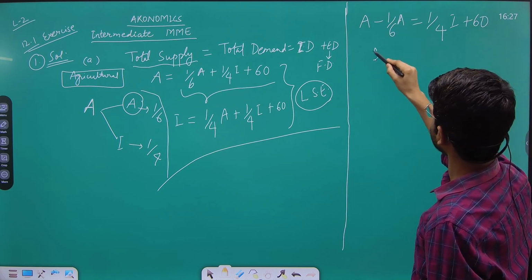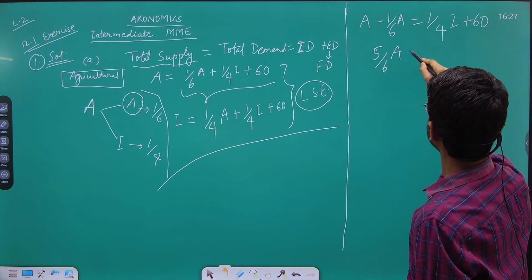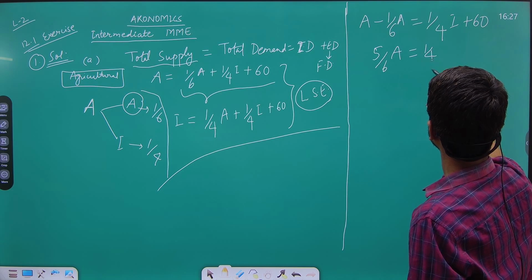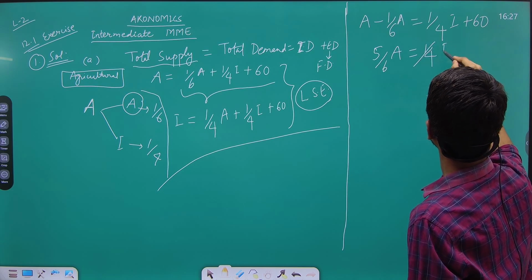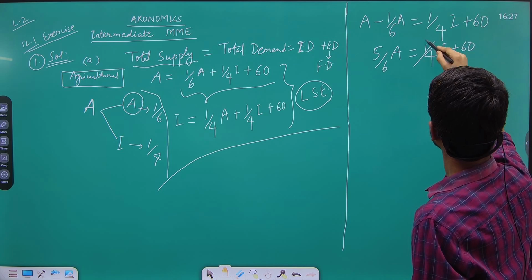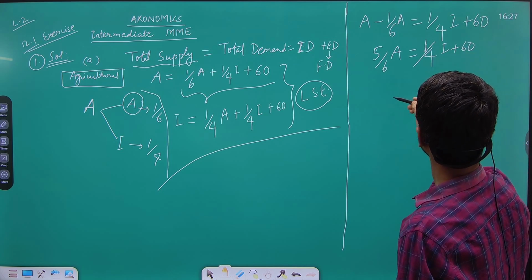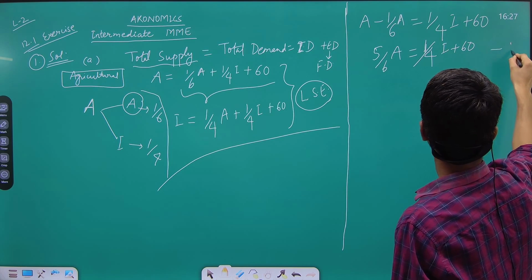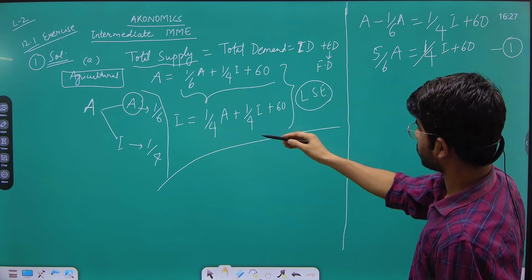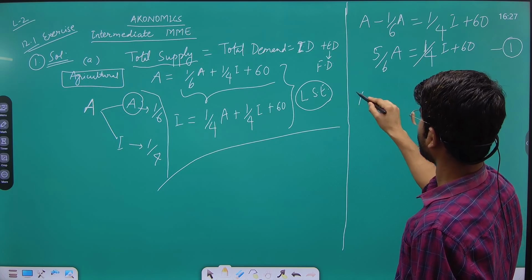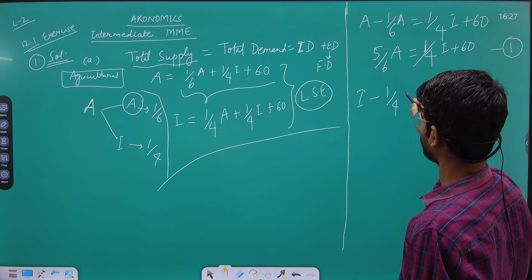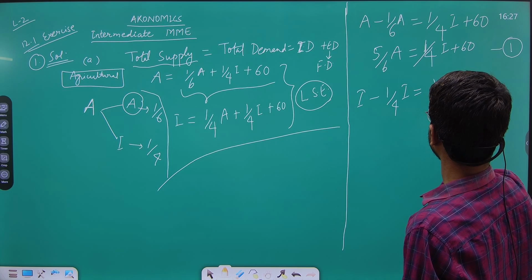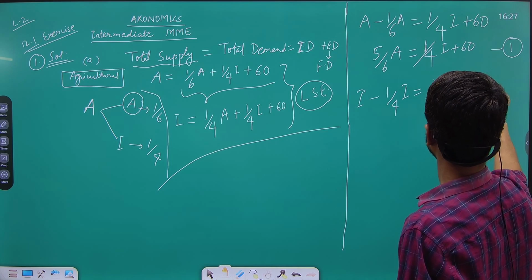That would be 5/6 A equal to 1/4 I plus 60. That would be equation 1, and this will give I minus 1/4 I equal to 1/4 A plus 60.